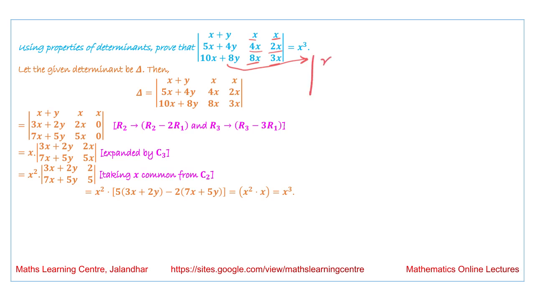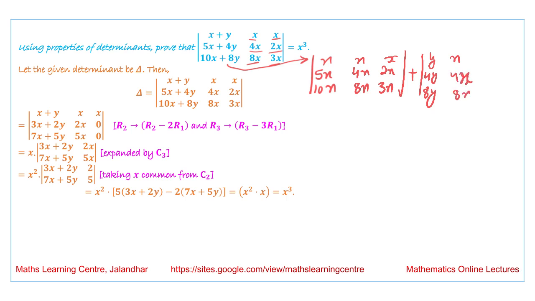Along the first column we get x, x and x, it is 5x and 10x, 4x and 8x, 2x and 3x, plus determinant of y, 4y, 8y, this is x, 4x, 8x and x, 2x and 3x.